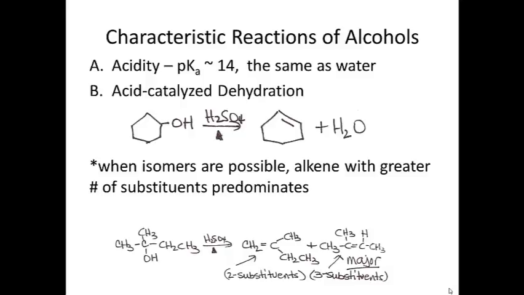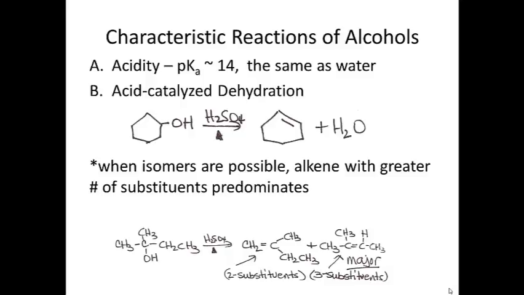If you look here, you can see the acid catalyzed dehydration of cyclohexanol to cyclohexene. This occurs with heat and an H2SO4 catalyst. This is a common way of making an alkene out of an alcohol.